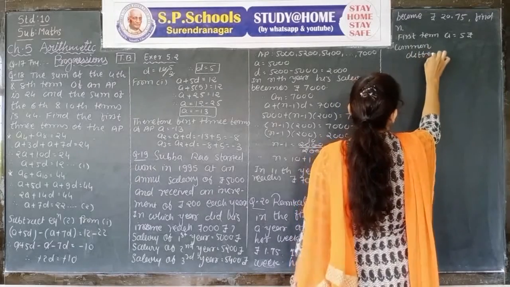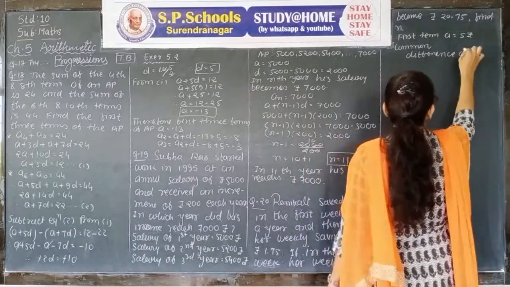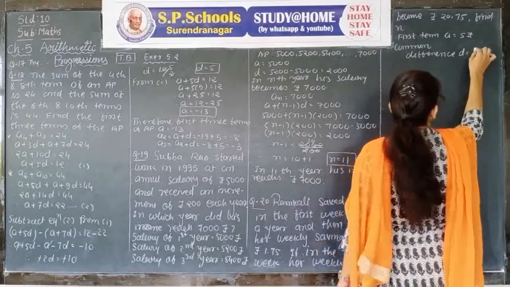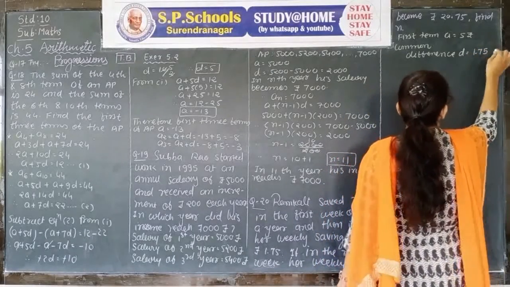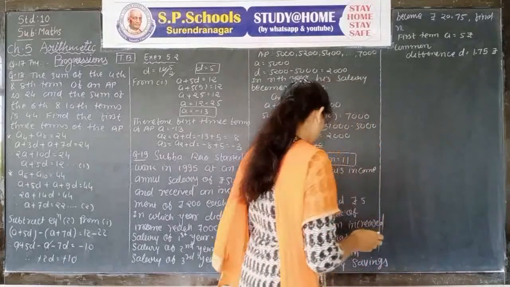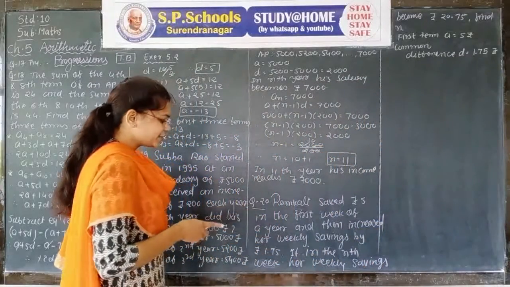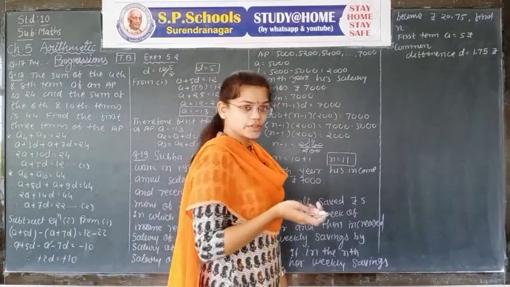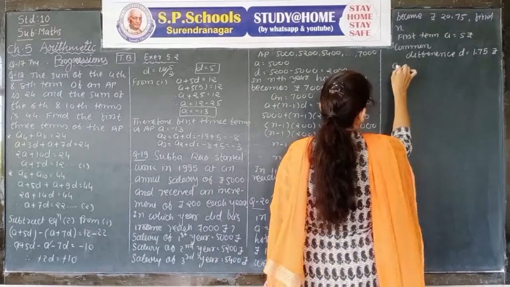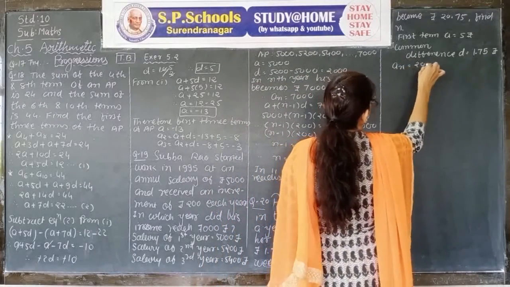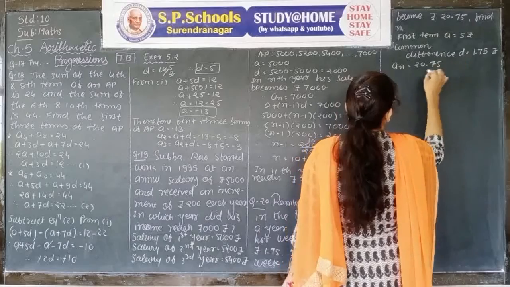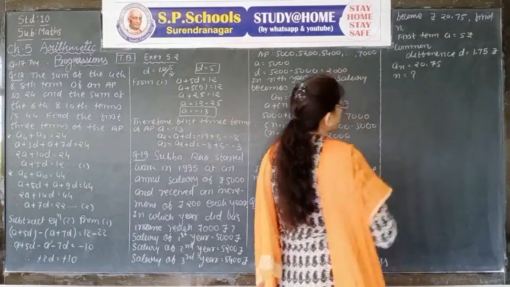Common difference d is equal to 1.75 rupees, or simply 1.75. If in the nth week her weekly saving becomes rupees 20.75, nth week means an is equal to 20.75, and we have to find the value of n.